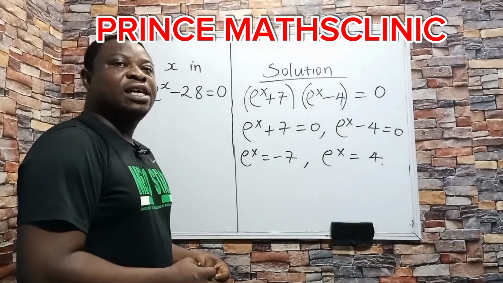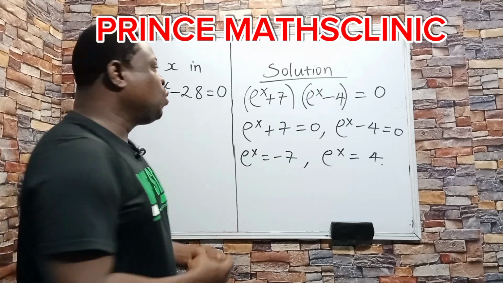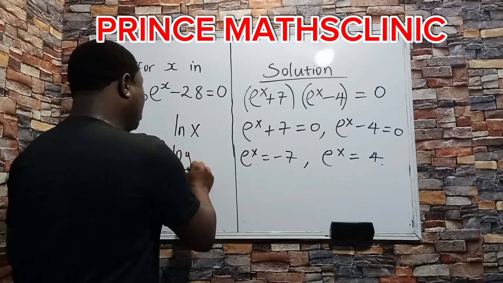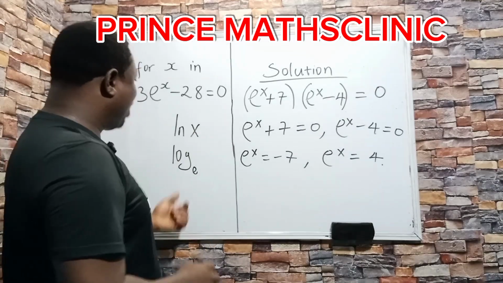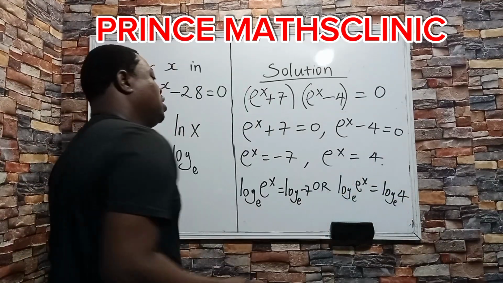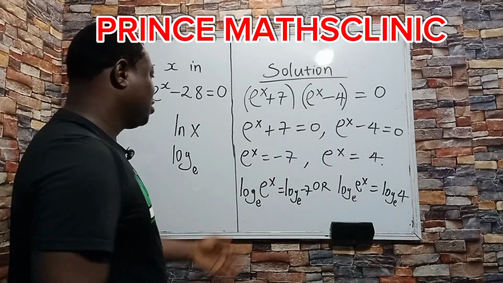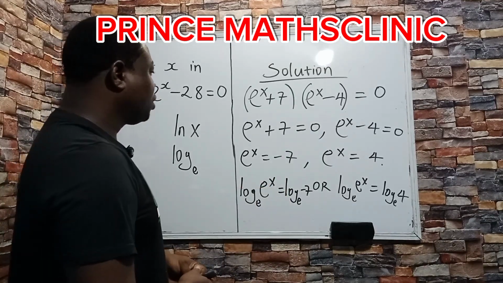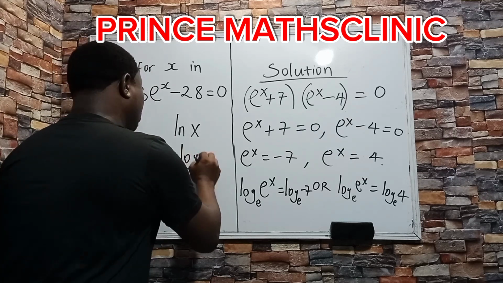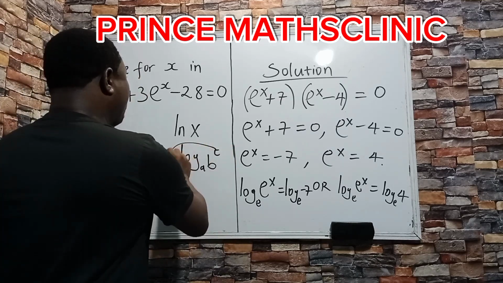Then, take the natural log of both sides. Natural log, which we call ln, is the same thing as log in base e, and I prefer to use log in base e. There is a rule that says if I have a log carrying a power, the power multiplies that log.